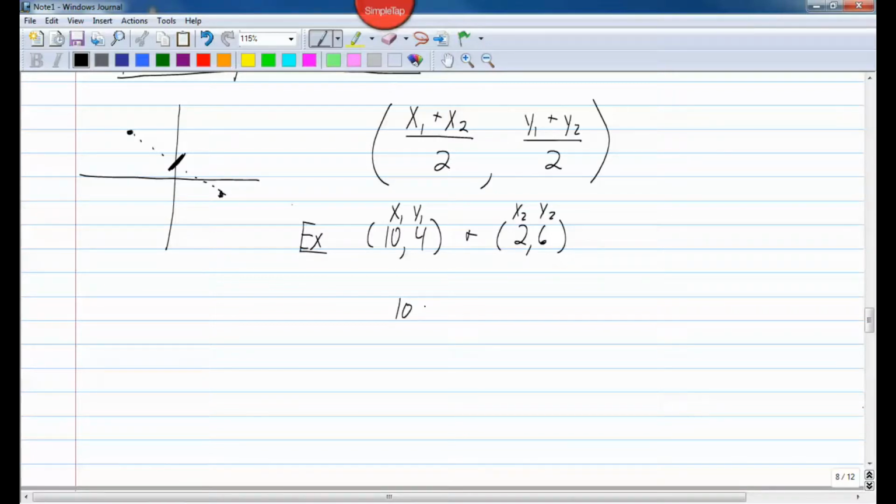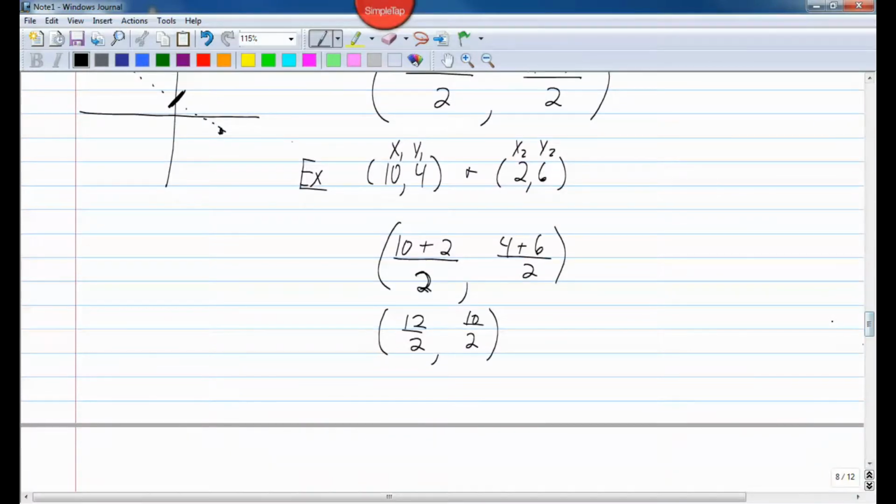I'm going to say 10 plus 2, all divided by 2, because x sub 1 plus x sub 2, all divided by 2, and y sub 1 plus y sub 2, all divided by 2. Alright, so simplify the numerators. That's going to be 12 divided by 2 and 10 divided by 2. And we can simplify those fractions, right? That's going to give me (6, 5).